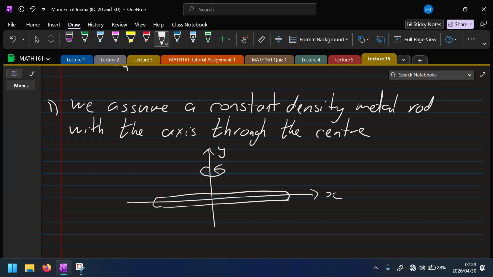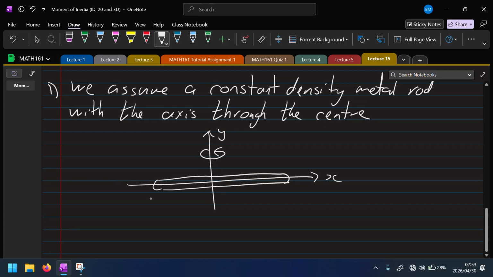Let's say that the rod has total length L. If it's through the middle, we can choose that to be the origin. On one side, it's going to be minus L over 2, and on the other side it will be L over 2, because it's through the middle. So we've got that for our picture.